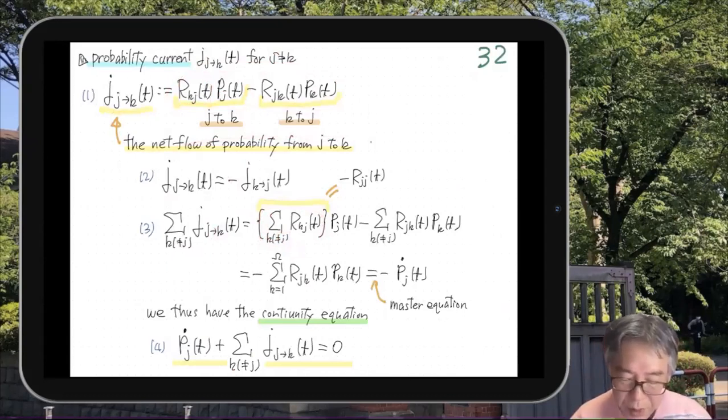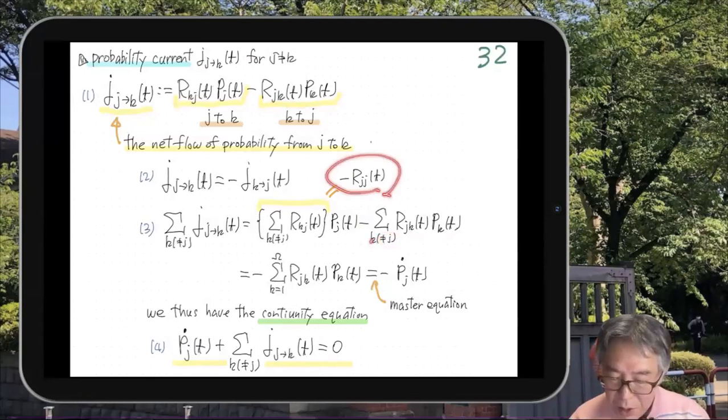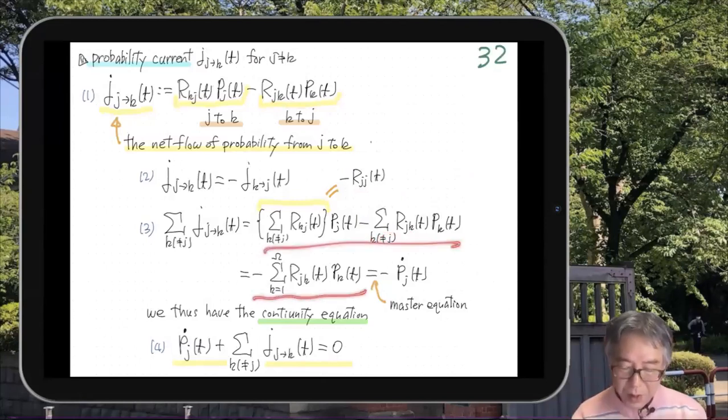Or you can go back to the definition of R: if you sum over all this k, you get 0. Anyway, you see that this sum is equal to minus R_jj. And here you cannot do anything, you simply sum over k not equal to j. But look, if k equals j, you get minus R_jj P_j, which is exactly this. So this whole thing can be written like this.